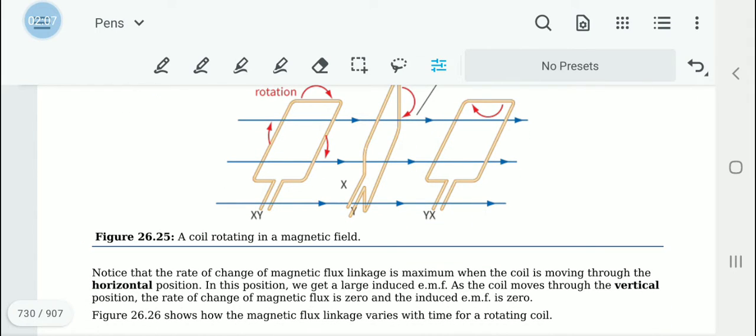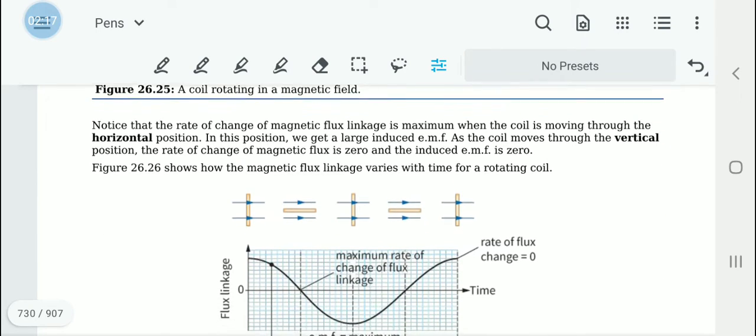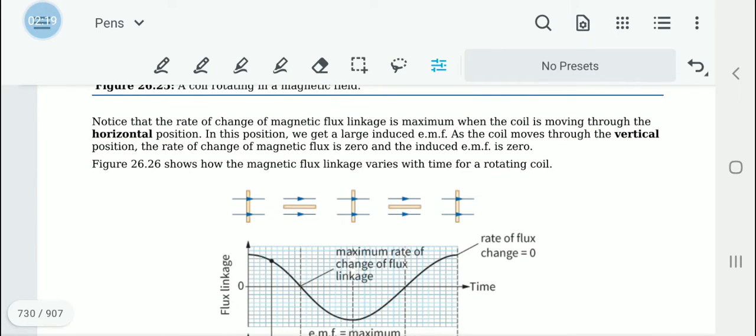As you can see, XY has changed the directions because it has spun around. When in the horizontal position, the rate of change of magnetic flux linkage is maximum.